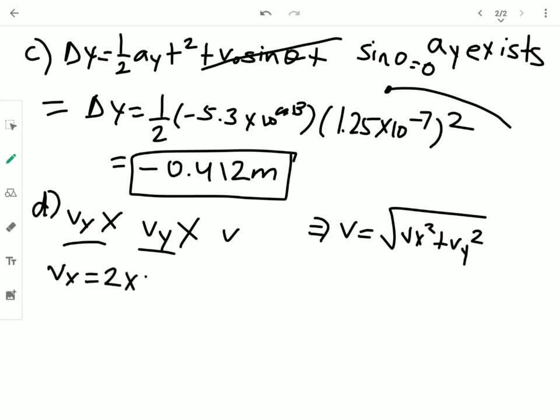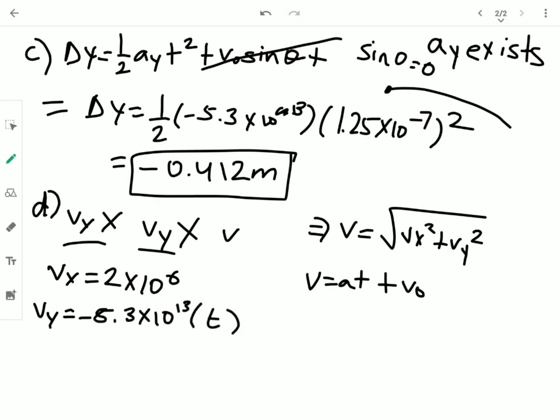vy is the harder one. In UARM, what was the equation we used to get the velocity in terms of acceleration and time? Wasn't it v equals at plus v0? Using that equation, we get vy equals minus 5.3 times 10 to the power of 13 times the time plus 2 times 10 to the power of 6.